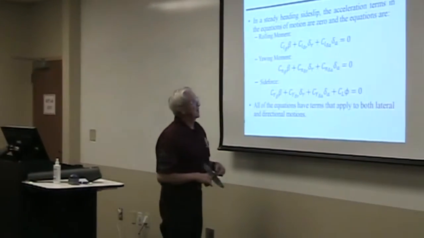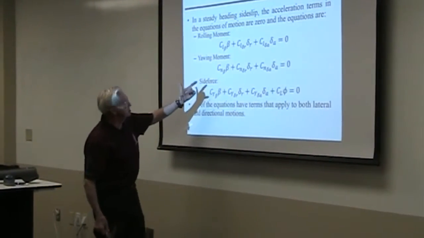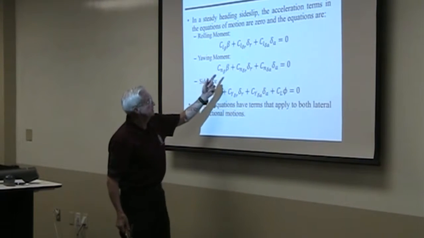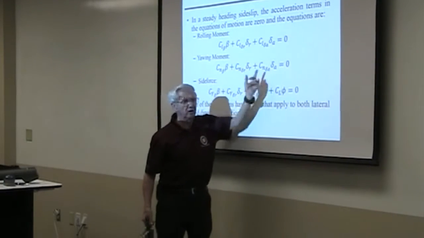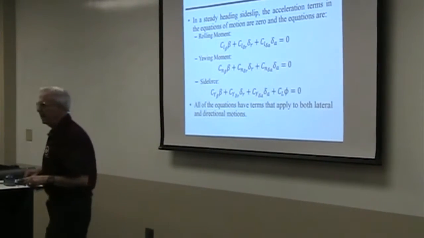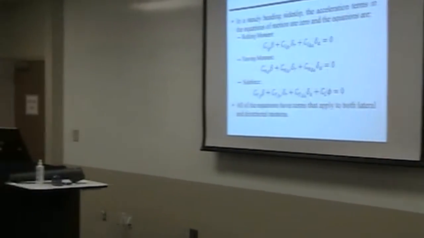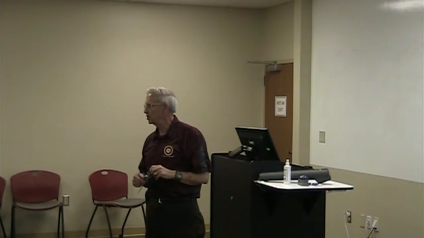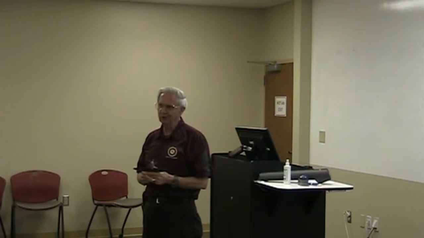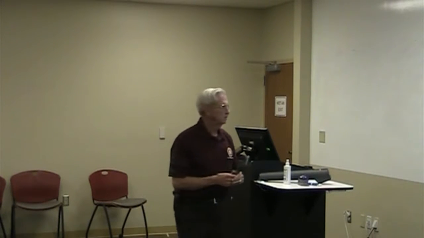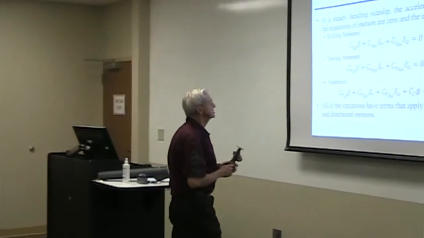And notice that each of these equations has both delta R, that's rudder deflection, and delta A, that's aileron deflection. So they have both lateral and directional components. We didn't have that with longitudinal. So you can see that this stuff is coupled.